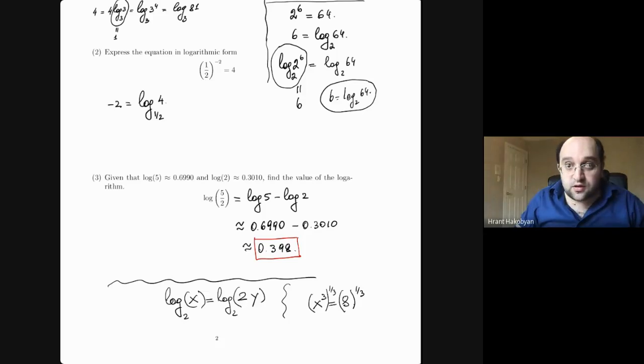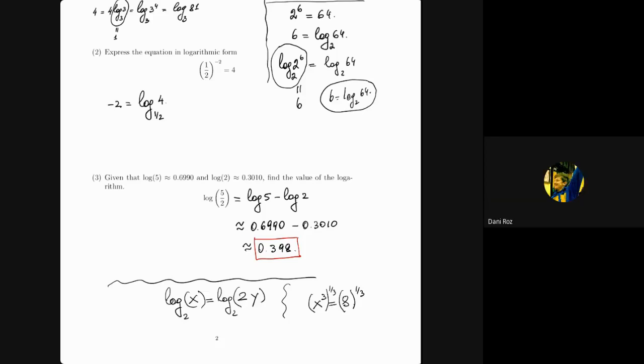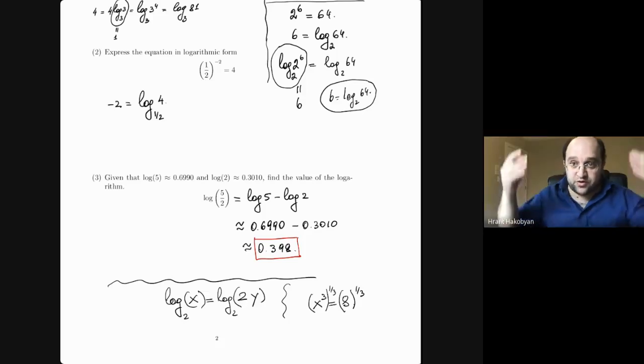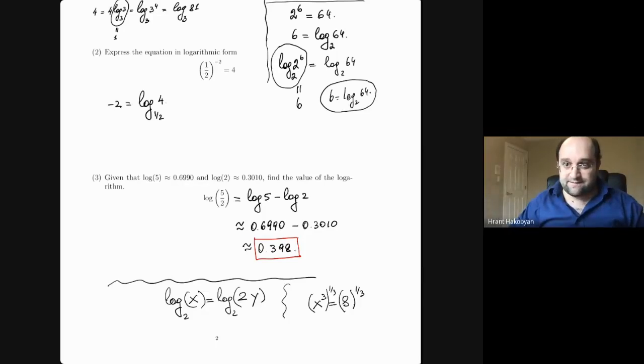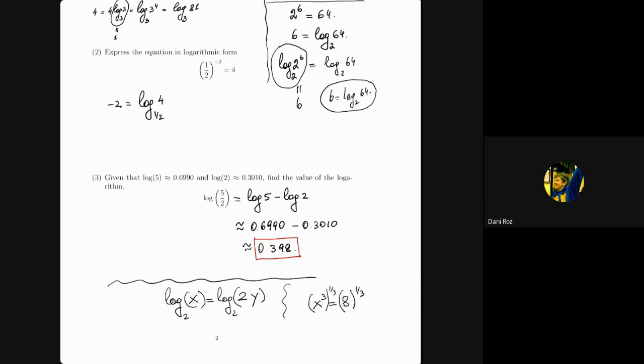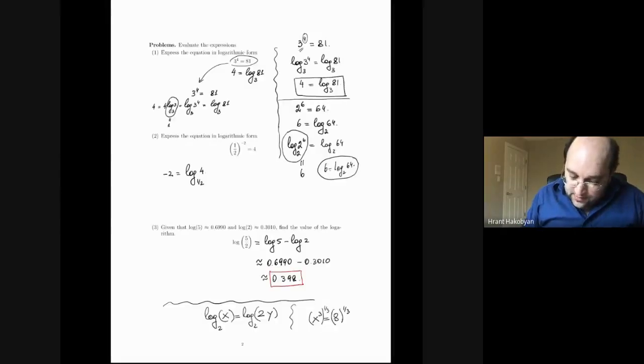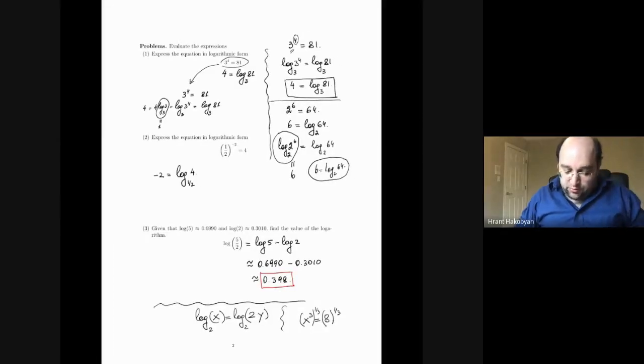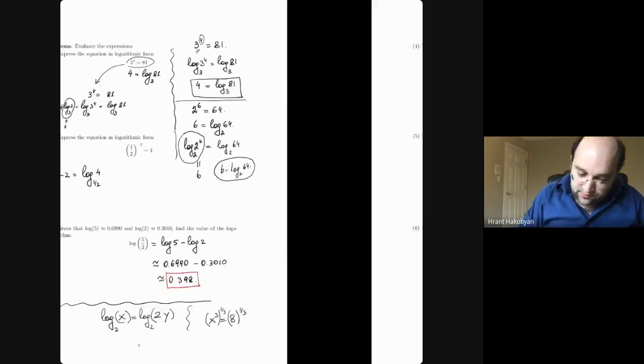Yeah, because you have to do the same thing to both sides. So I wouldn't take one square root on one side and third root on the other side. It's a similar thing to this.